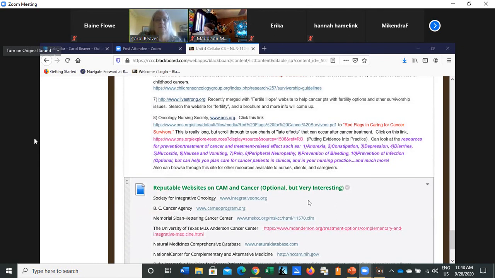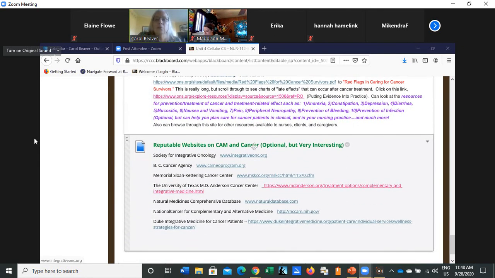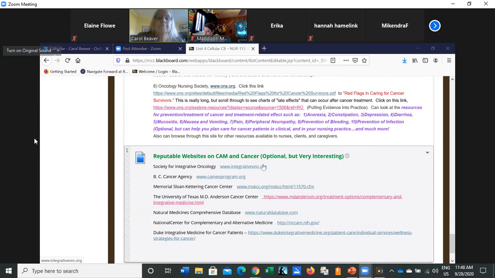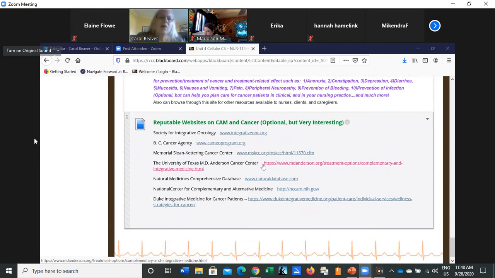But the reputable websites on CAM and cancer, for complementary and alternative, it's really more of an integrative thing, but it's got a whole bunch of things you can look at for cancer. We don't really want to do alternative, because alternative means that you're really not doing the standard treatment.